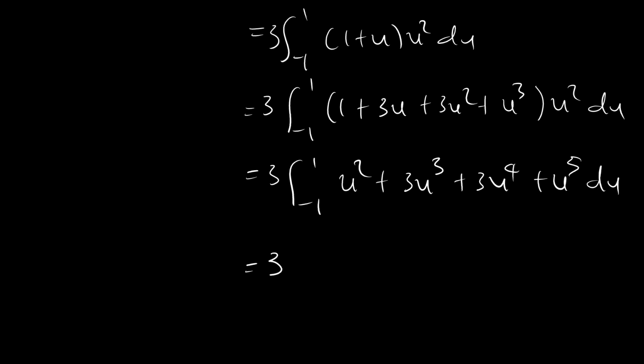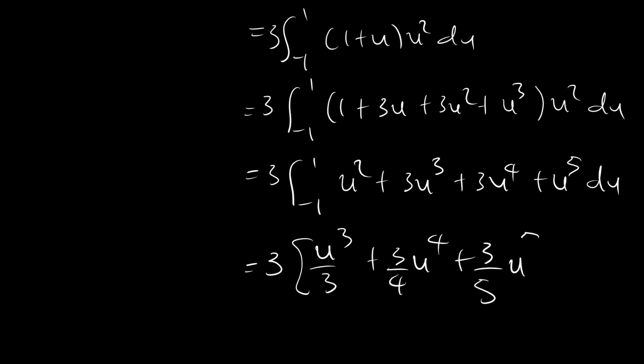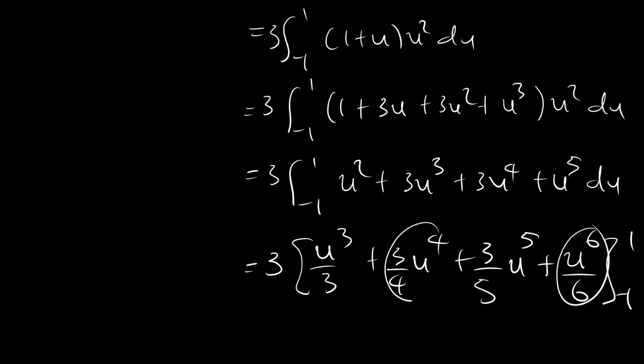And so this is 3 u to the 3 over 3 plus 3 over 4 u to the 4 plus 3 over 5 u to the 5 plus u to the 6 over 6, from negative 1 to positive 1. Now, these are even powers, so this one and this one would tend to 0 because negative 1 and positive 1 raised to these powers give the same value, so when you subtract, that goes off.